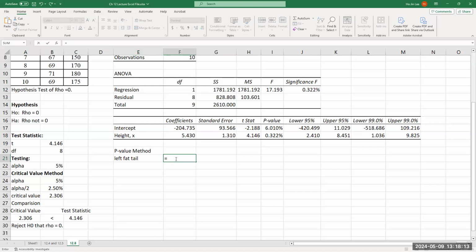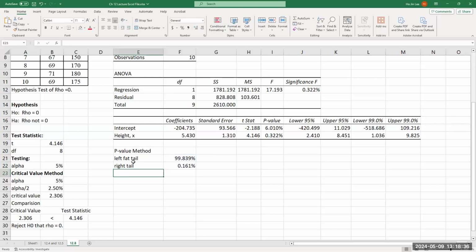That's going to give us the left fat tail, and that is equal to T.DIST, and we put in the test statistic, comma, the degree of freedom, comma, true for cumulative, and it gives us this. And that means our right tail is equal to 1 minus this.